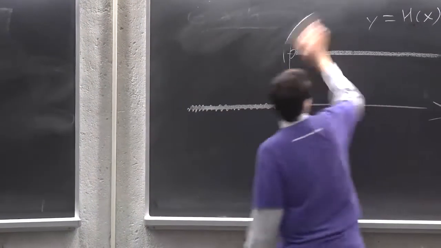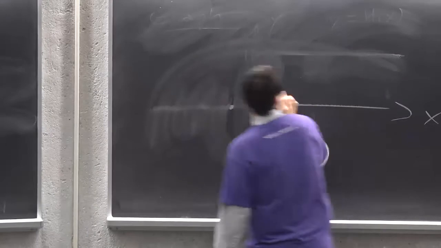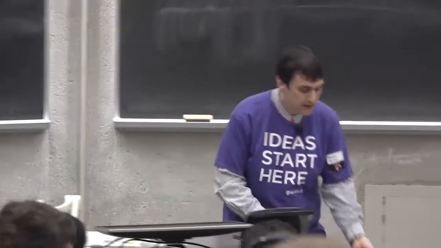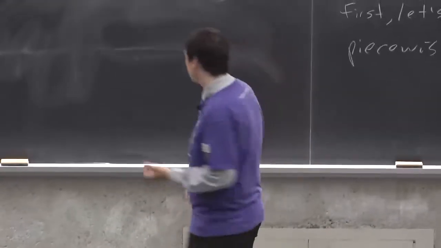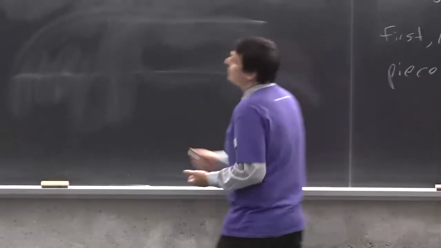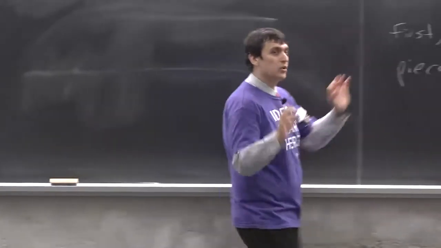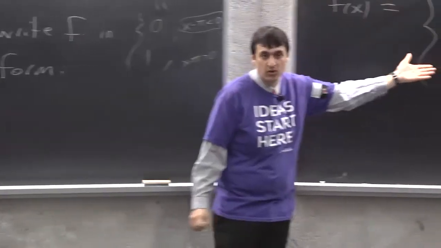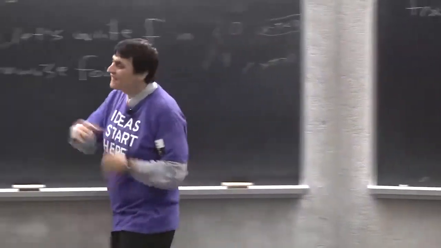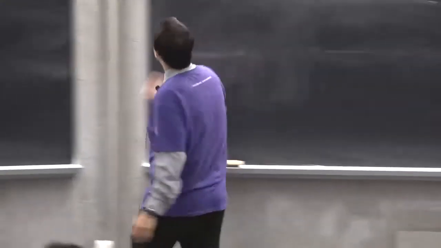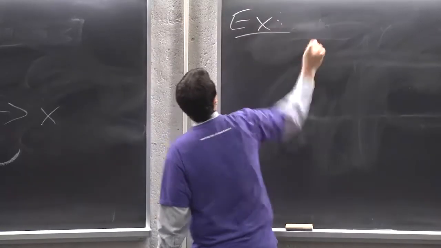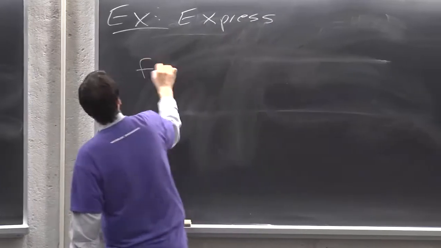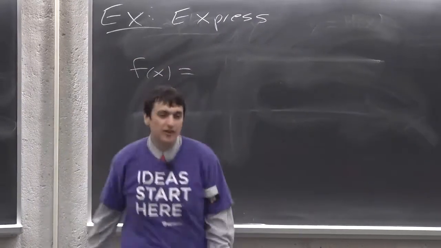Okay, so we're over here. So now let's just get a little bit more complicated. So one of the things I want you to be able to do is be able to translate a quote-unquote complicated expression in terms of sine functions into a simplified piecewise form. We already did it with this example, but let's make your life a little bit more difficult. So I'll do an example. Express f of x equals, and I've got an example written down.